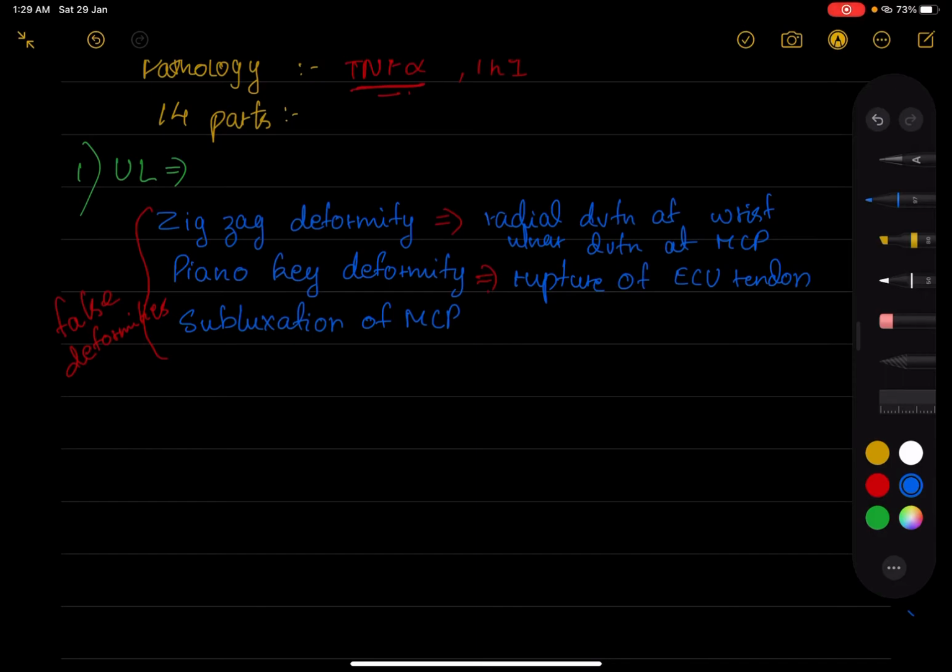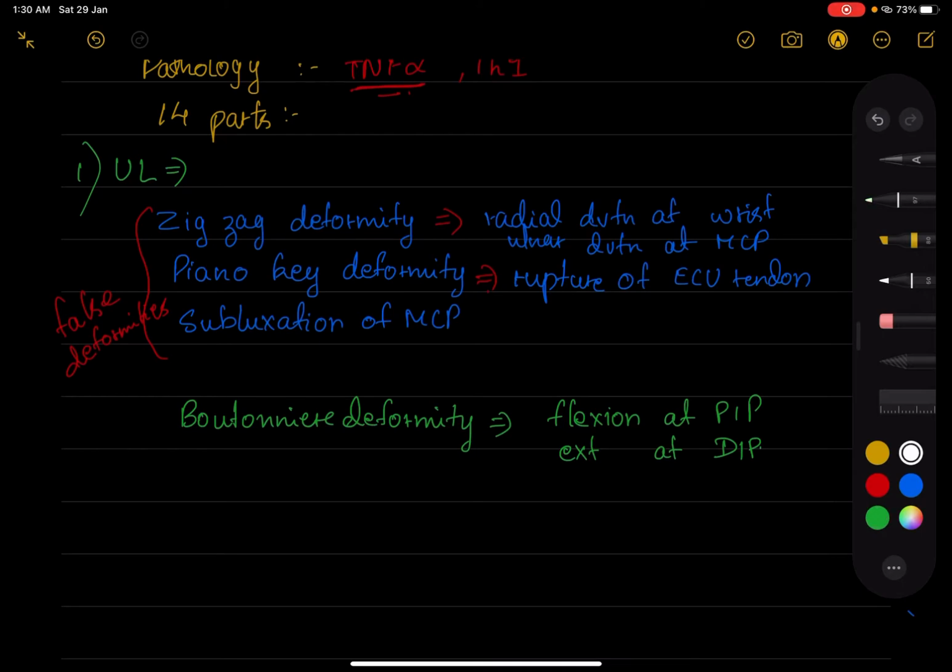So moving on to the true deformities. The first true deformity which appears is boutonniere deformity. Boutonniere deformity means there is flexion at PIP and extension at DIP.